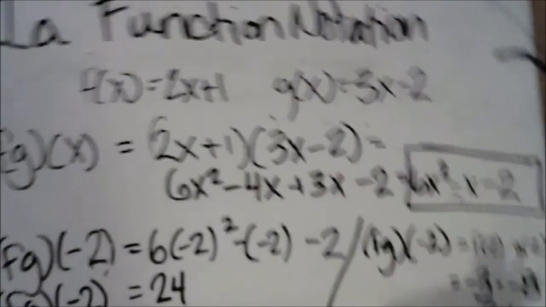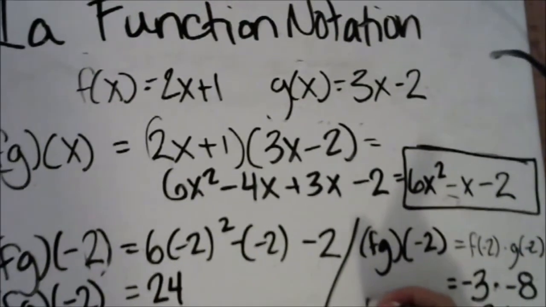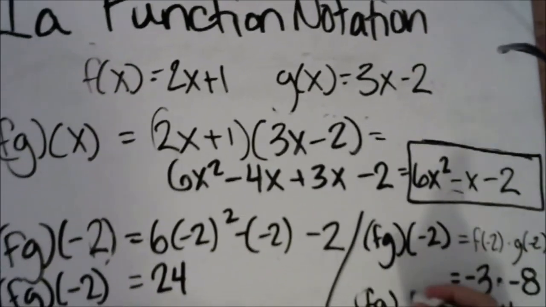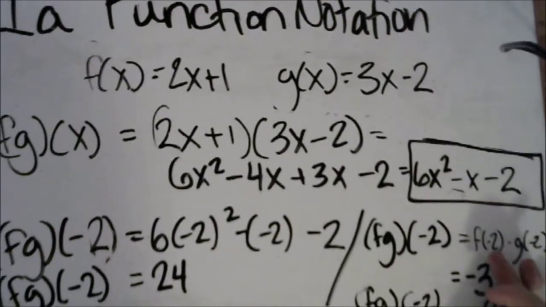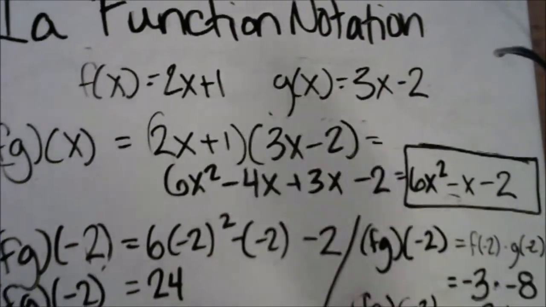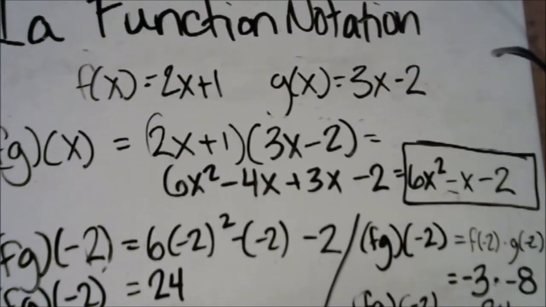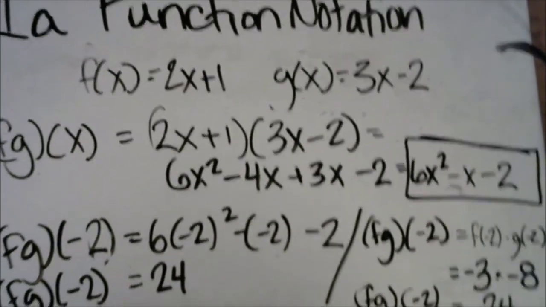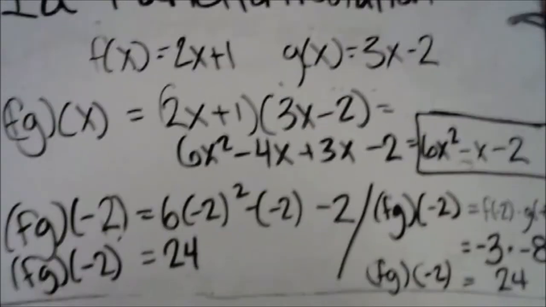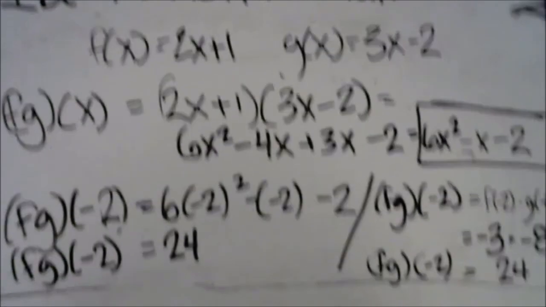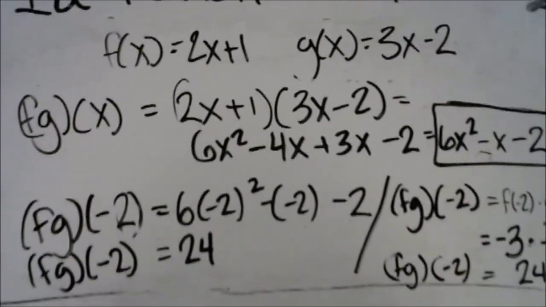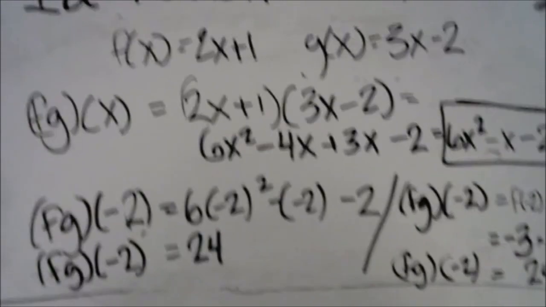And we get the same solution either by first finding the product and then inputting negative 2, or by finding negative 2 for each function and then finding the product. So this concludes the video notes for part 1 of Objective 1A, function notation.